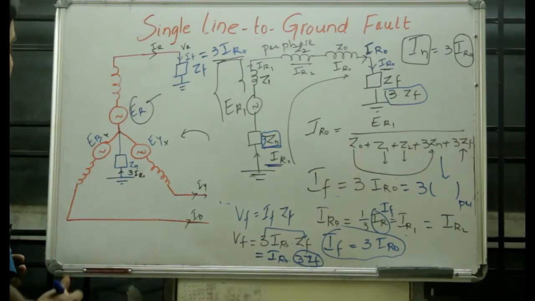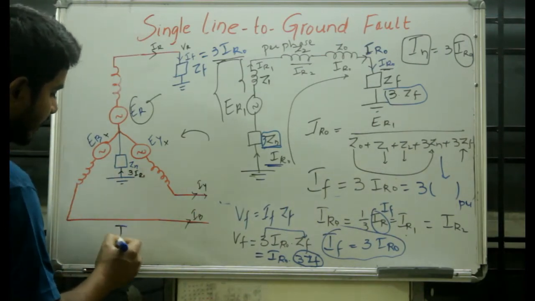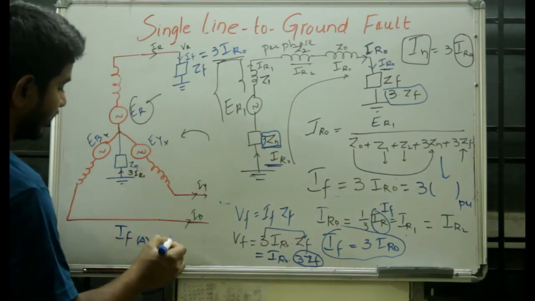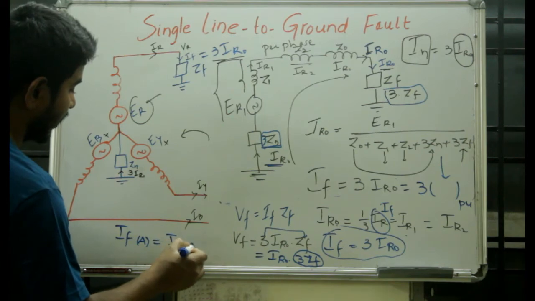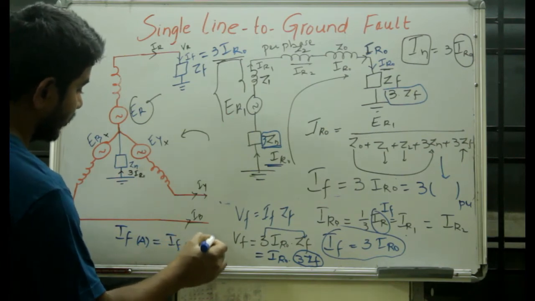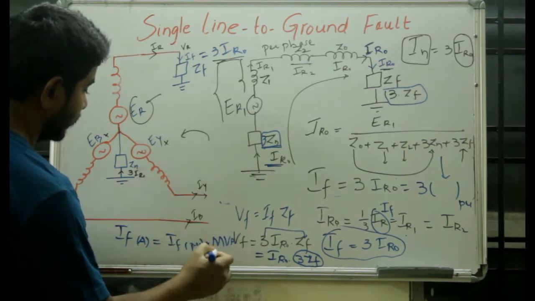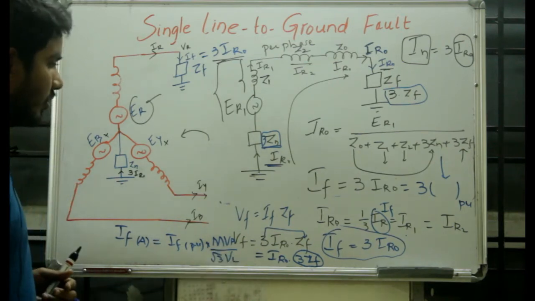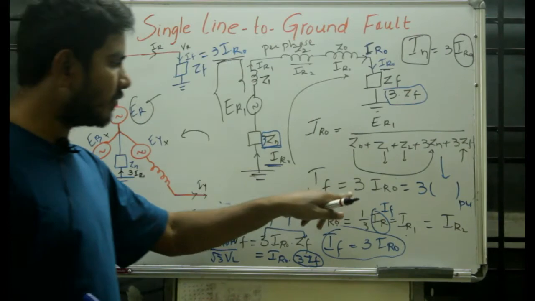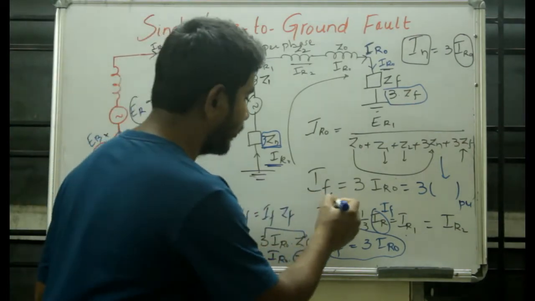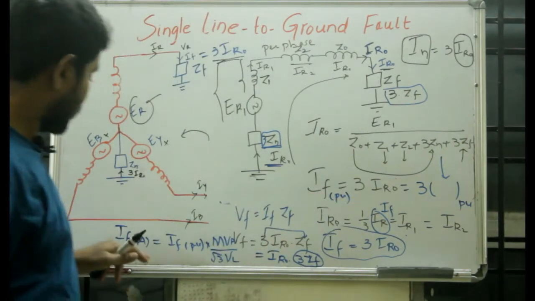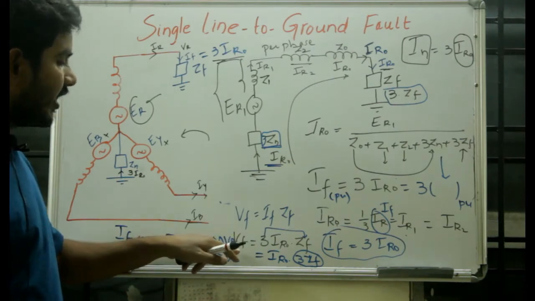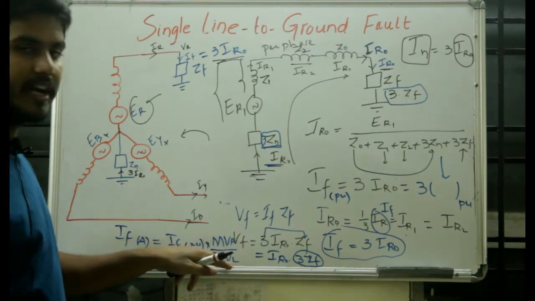Your IF actual, in amperes, will be given by IF in per unit into MVA upon root 3 times the line voltage. So once you find the IF per unit value, you can find the IF actual value by knowing the MVA of the system and the line voltage.